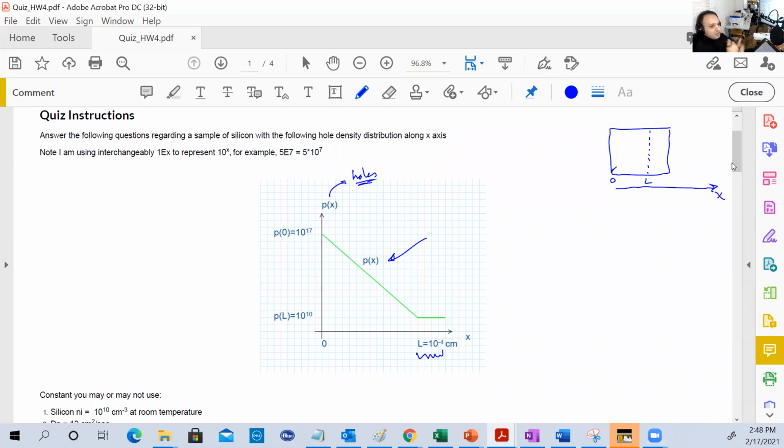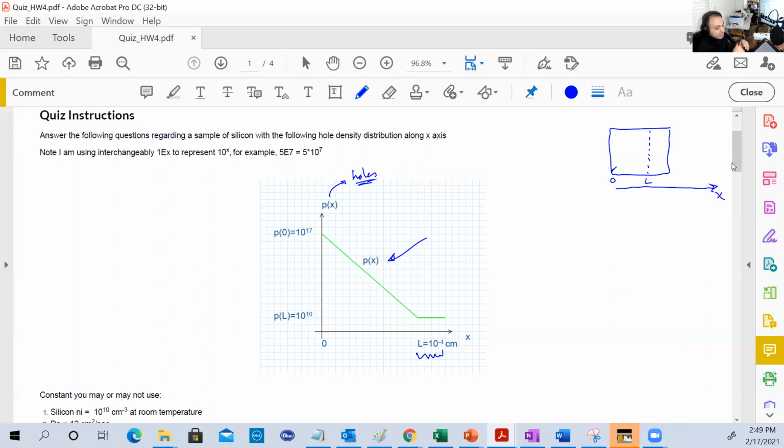Just review how to determine the slope of a linear curve and how to determine B, which is the intersection with the y-axis, and you will get it. You need to get Ax plus B first correctly so you can continue correctly with the rest of the questions. This is the basic one.